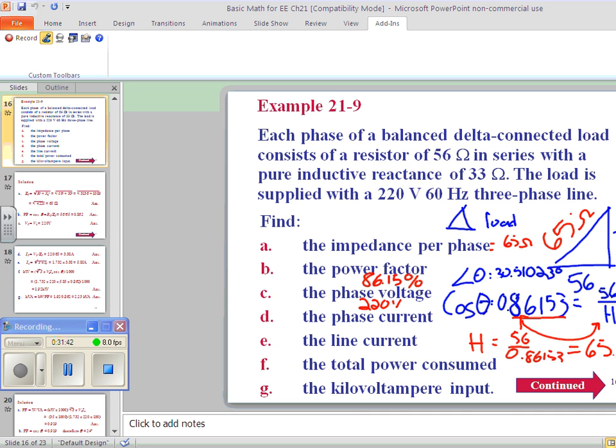What's the phase current? How would we find the phase current? If we work in phases, we can do that. Do we have the phase voltage? We have our impedance, right?